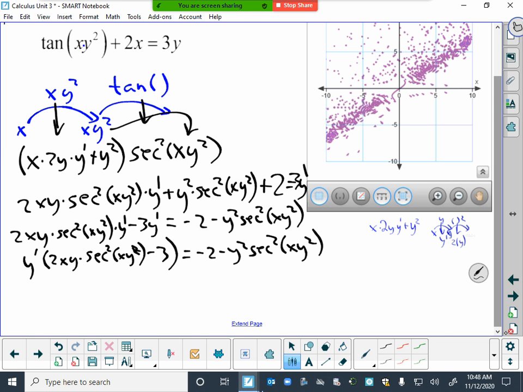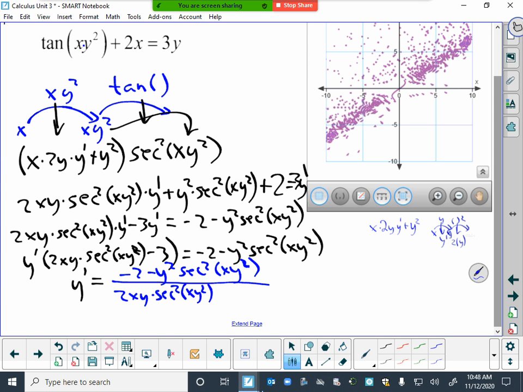And then a little division, and I get y prime is equal to (-2 minus y squared times the secant squared of xy squared) over (2xy times the secant squared of xy squared minus 3).